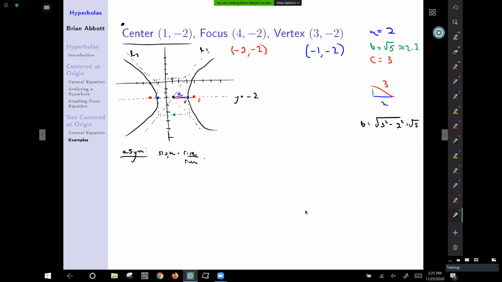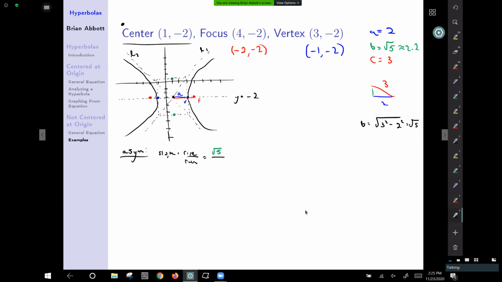So our rise is what? Okay, so from our center, we would go vertically the b amount. How much is the b amount? √5.